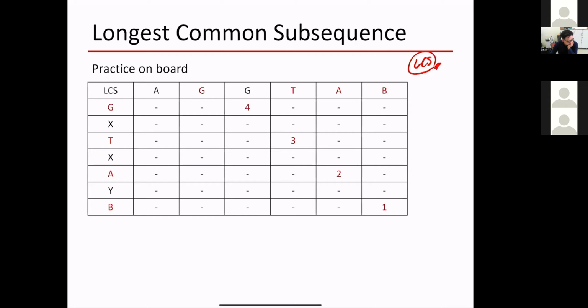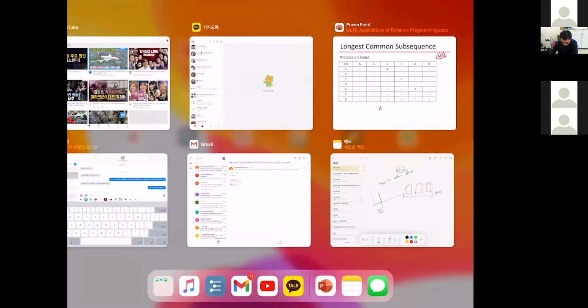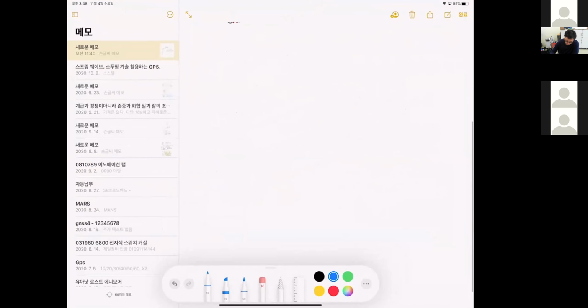So when both of the lengths are zero, then return zero.